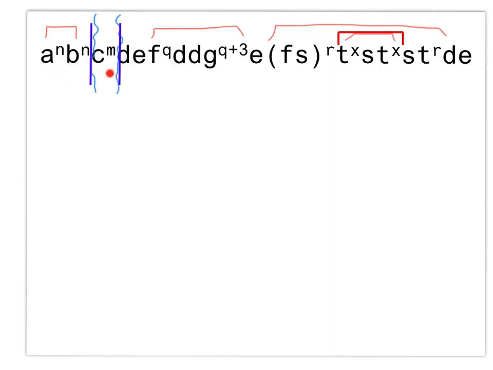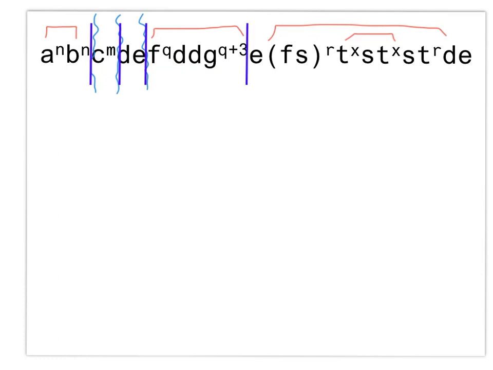The C to the M, that is an exponent kind of on its own. Next there's this D, E, which is sort of on its own before this big long piece, so let's split that. There's the giant long F to the Q, all this good stuff. So I'll split after that.